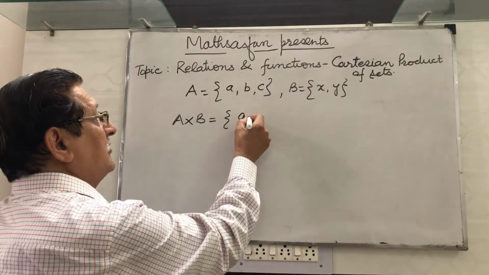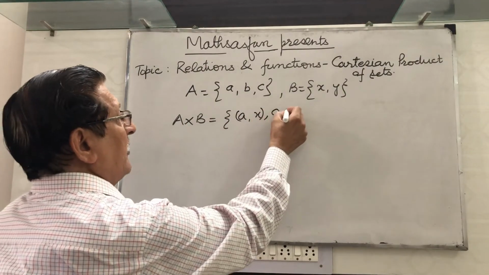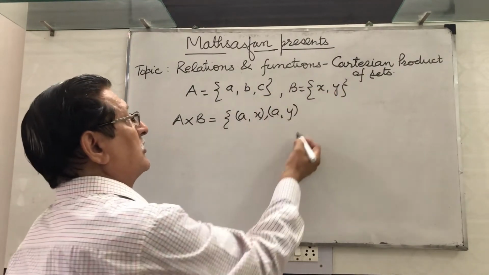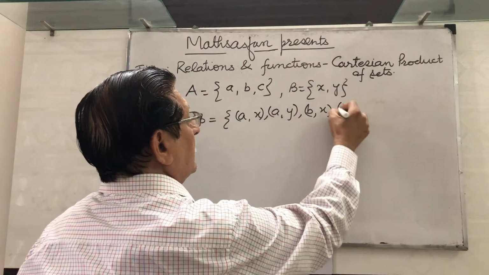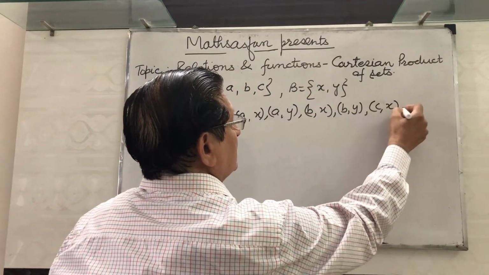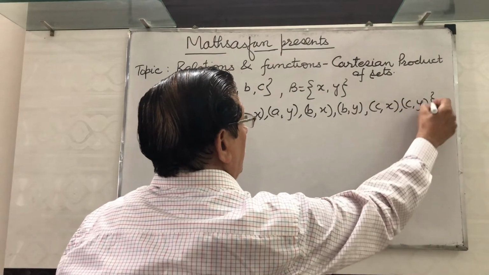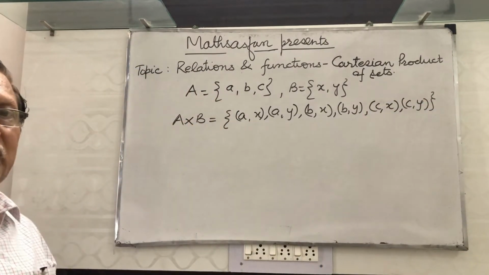Let's see that, like ax, ay. With a we have taken all the elements, then we are taking with b: bx, by, then cx, cy. All possible ordered pairs from A to B we have taken in this.